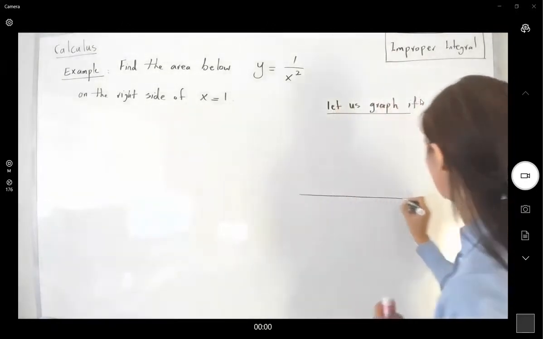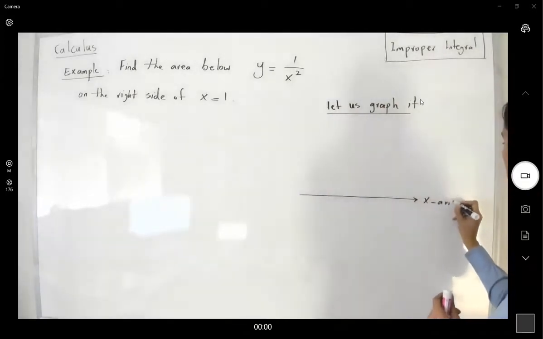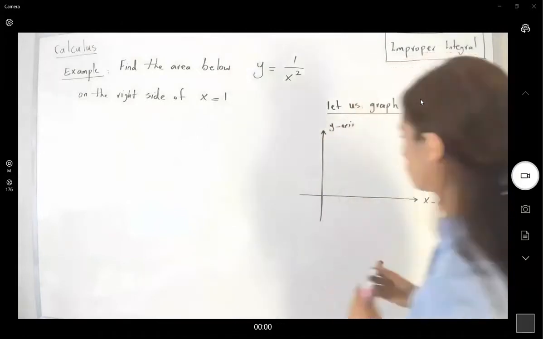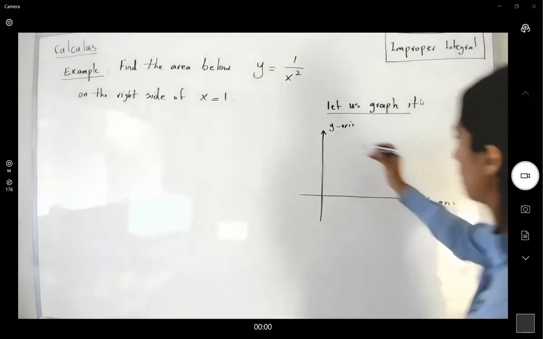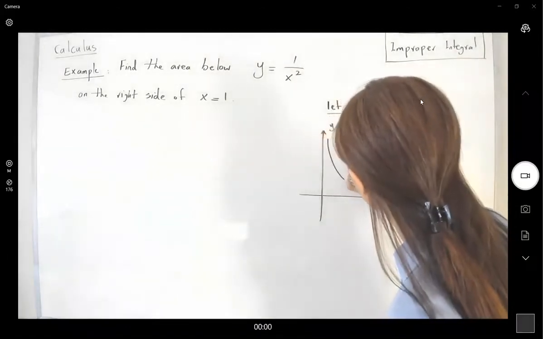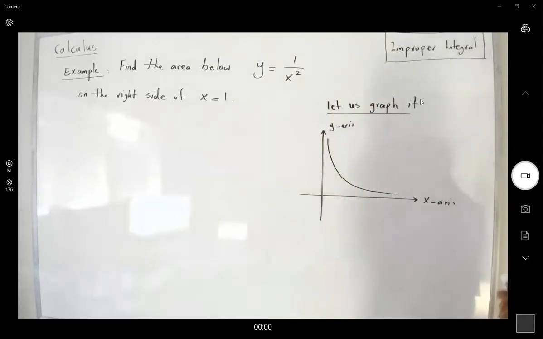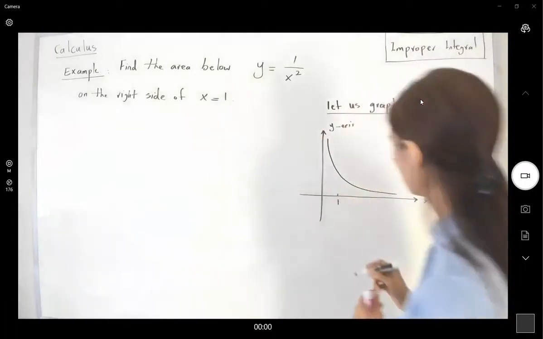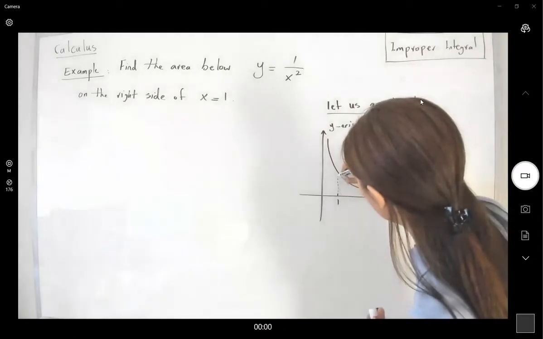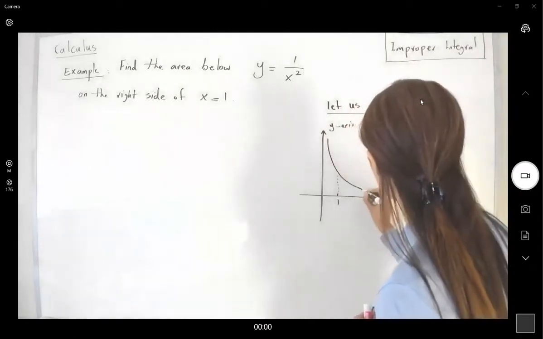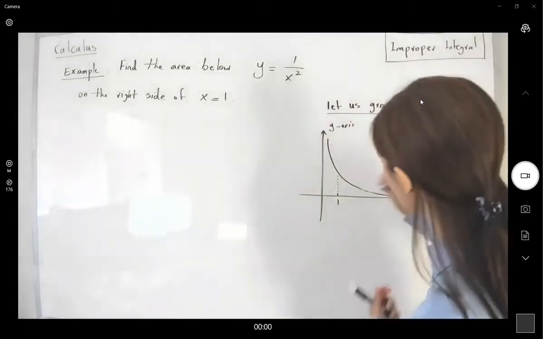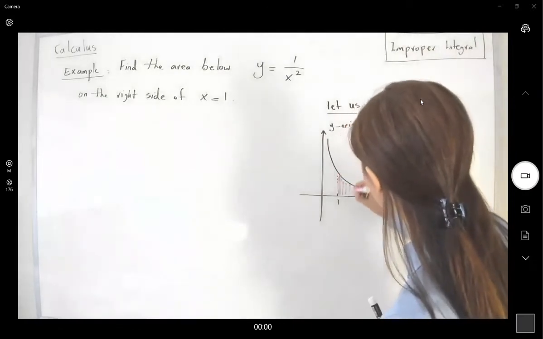Here you have your x-axis, here you have your y-axis, and this is your graph here. And it says on the right-hand side of x equals 1. So x equals 1, and we want to know what this area is.